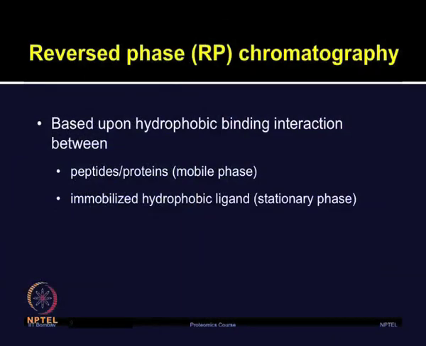In proteomics, the most commonly used method for peptide fractionation is reverse phase liquid chromatography, or RPLC, which separates peptides based upon the hydrophobic interaction between the peptides or proteins in the mobile phase and immobilized hydrophobic ligands in the stationary phase.